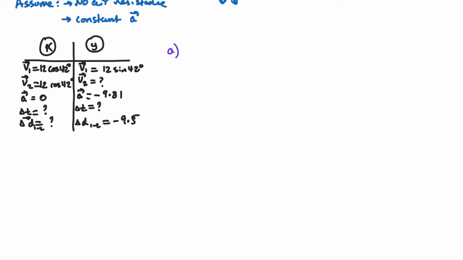The equation that I need that connects these is that displacement from 1 to 2 in the y direction is equal to velocity 1 times the change in time plus 1/2 of the acceleration from 1 to 2 multiplied by delta t squared.